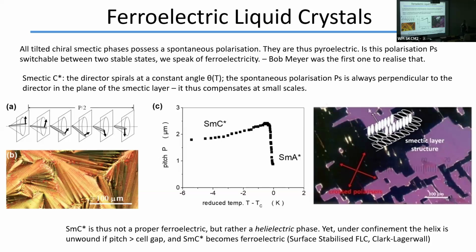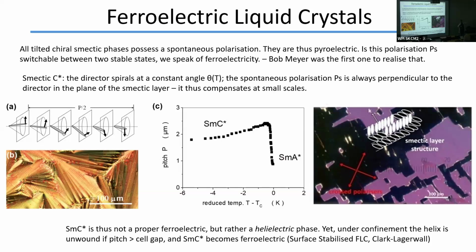But in smectic C*, you have, again, not only ferroelectricity, the formation of polarization, but you also have the formation of a helical superstructure. And that forms to compensate the polarization at a short scale. So basically, what you have is your molecule tilts within your layer, and then it progresses like this.